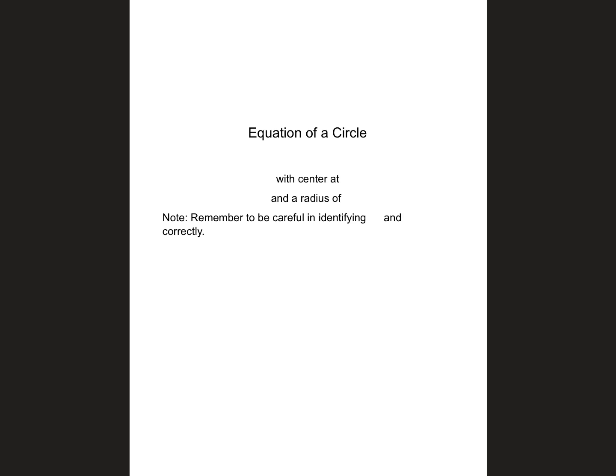So the equation of a circle is going to point out the center and the radius of the circle. The general format for the equation of a circle is x minus h quantity squared, similar to seeing x minus h back in vertex form, plus y minus k quantity squared, and that is going to equal r squared.